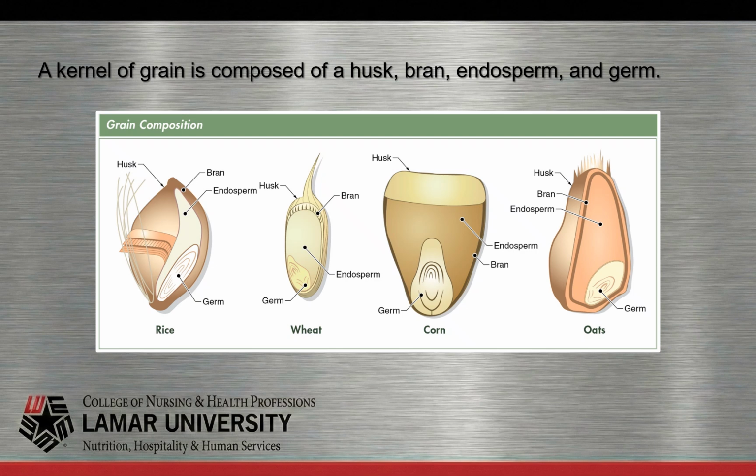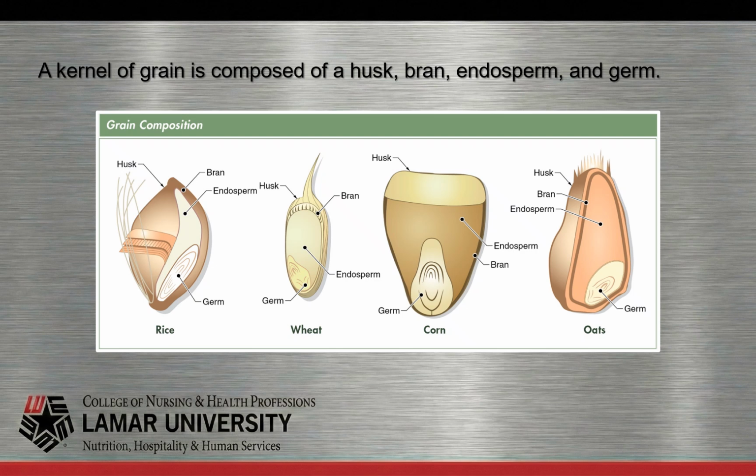A kernel of grain is composed of a husk, bran, endosperm, and germ. A husk, also known as a hull, is the inedible protective outer covering of grain. A bran is the tough outer layer of grain that covers the endosperm. While it's often removed during processing, bran provides necessary dietary fiber, complex carbohydrates, vitamins, and minerals.